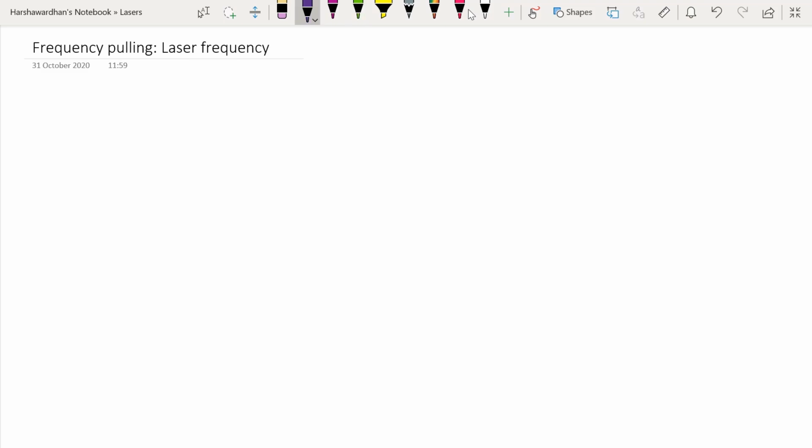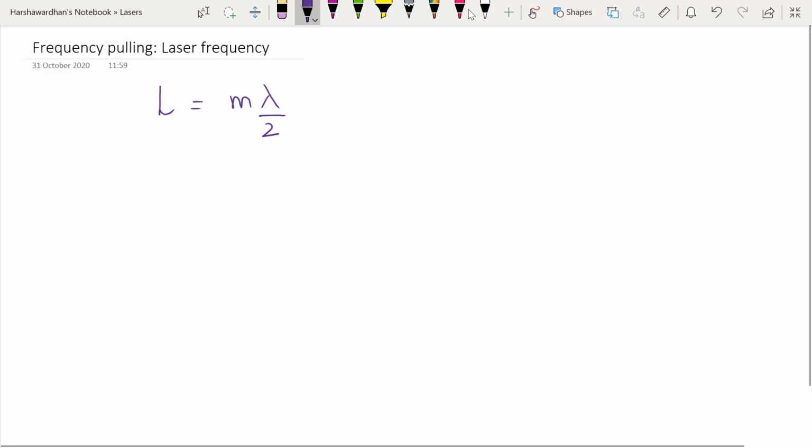So let us begin with a bare cavity. So you know that if L is the length of my cavity, then if I fit in lambda by 2 times integer, these are the modes that will be supported by the bare cavity. So I'm calling this bare cavity modes.